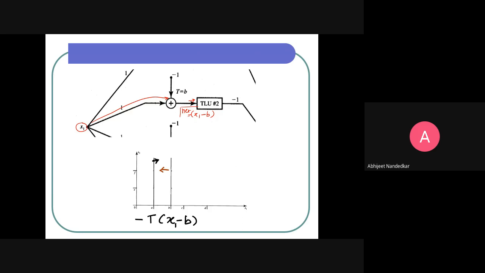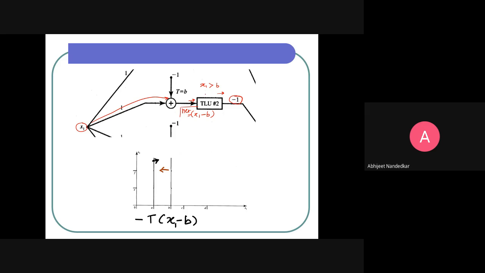Whenever your x1 is greater than b, this would actually fire. But you can see there is a twist here: you are multiplying with -1. That means you are making things work in the opposite way.